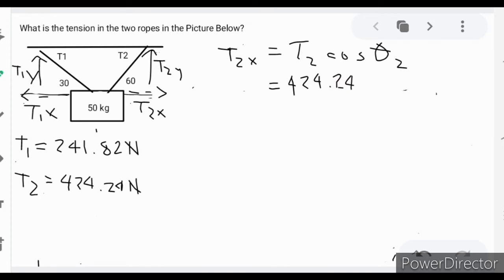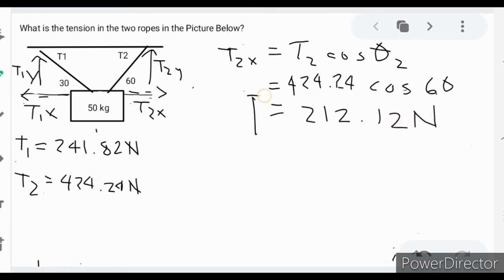Then cosine 60. Then let us compute it. And the value of Tx sub 2 is 212.12 Newton. So that is the value of Tx sub 2.